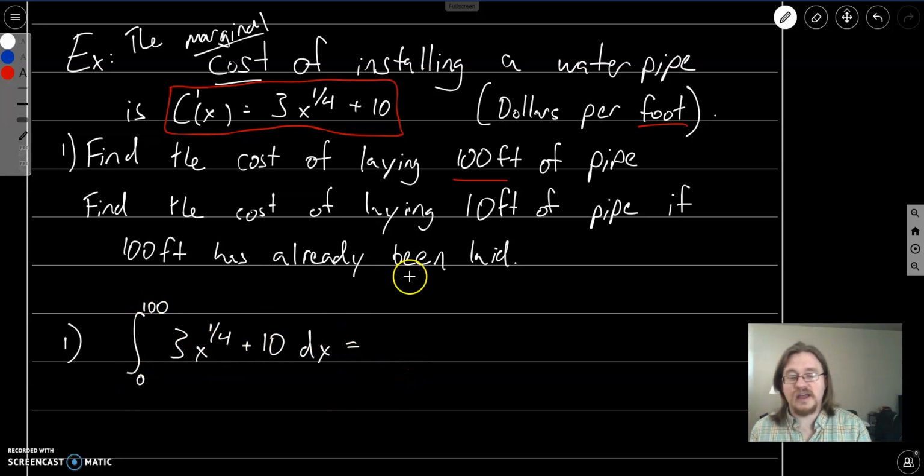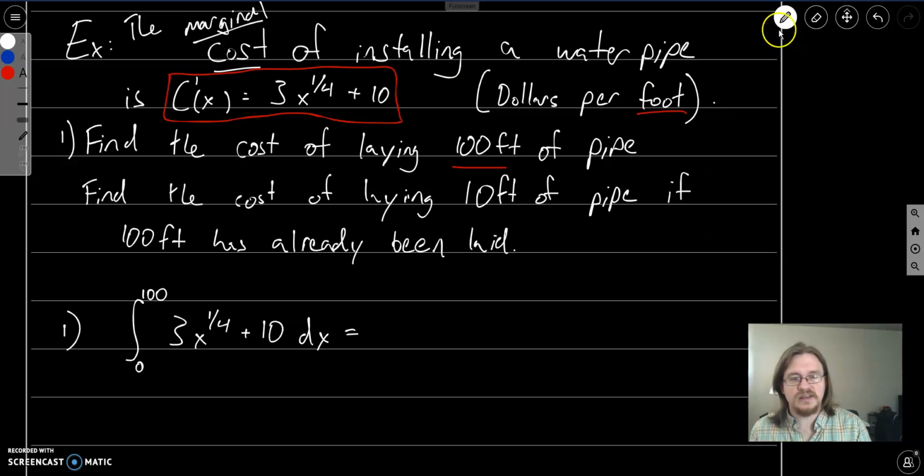This is a fairly straightforward integral to take. We just take the integral of both parts individually, since the antiderivative of a sum of functions is the sum of the antiderivatives. The 3 pops out, and then the antiderivative of x to the 1/4 is x to the 5/4 divided by 5/4.